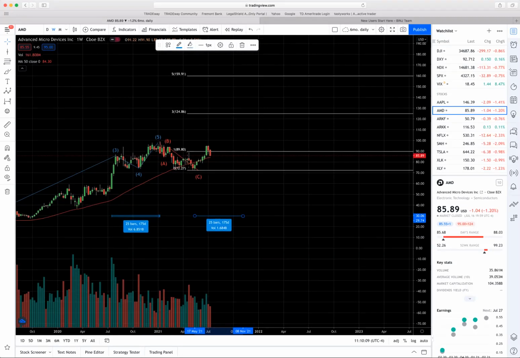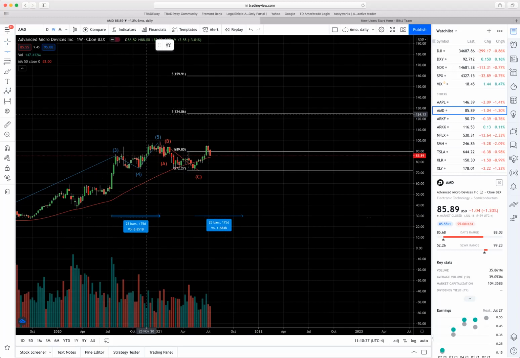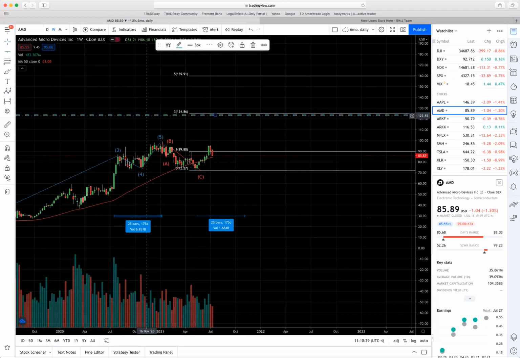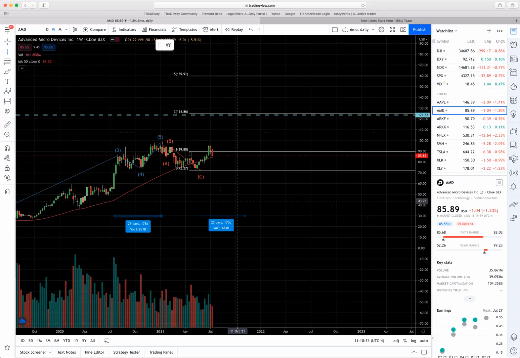So I went from where it had its breakout here of just incredible growth in July of last year, 25 bars to reach that high. We're looking at 25 bars again to reach this price target of the 120, 124 range. So I'm going to draw my horizontal line here. Bam. And I'm going to draw my vertical line on here as well. Sorry about the noise in the background.